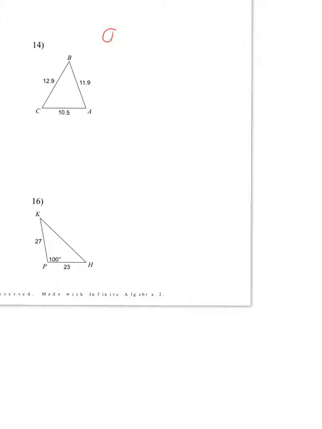So I'm going to find angle A, so I'm going to go a squared equals b squared plus c squared minus 2bc times the cosine of A. Okay, so this is little a, this is little b, and this is little c.